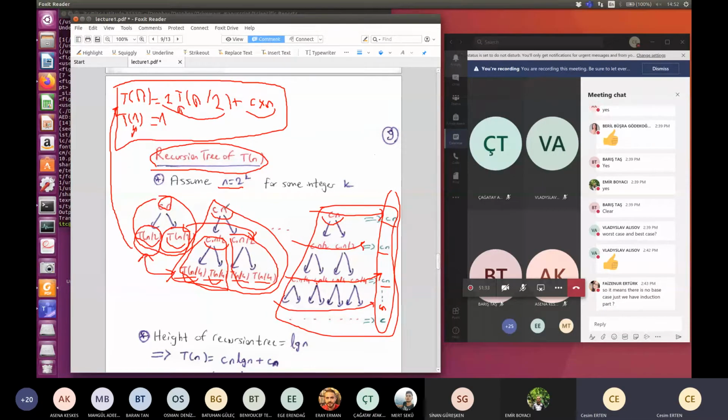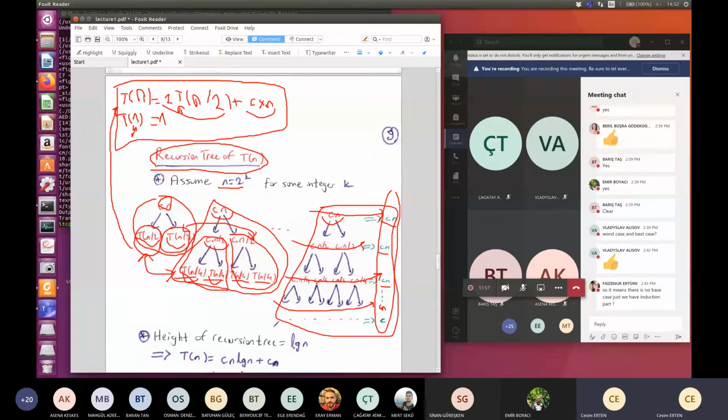So the first term in here was T of n. The next level was describing T of n divided by 2. At level 2, we are describing T of n divided by 4. At level 3, we will have T of n divided by 8. At level 4, we will have T of n divided by 16 and so on.